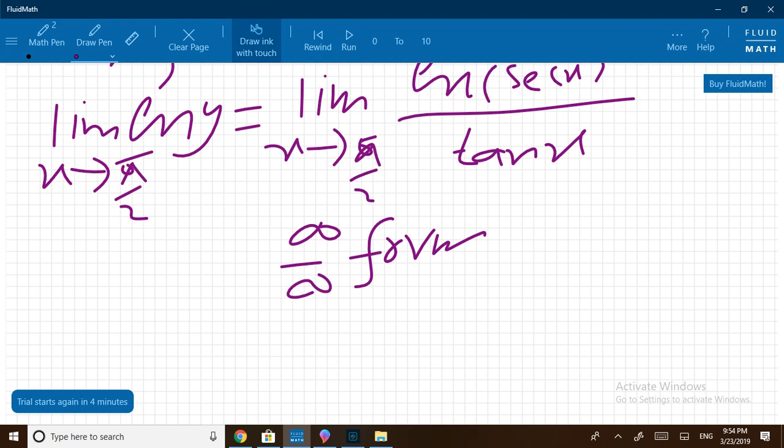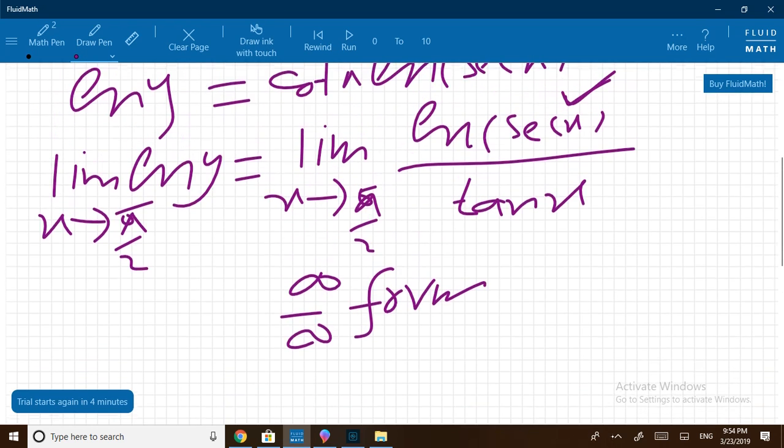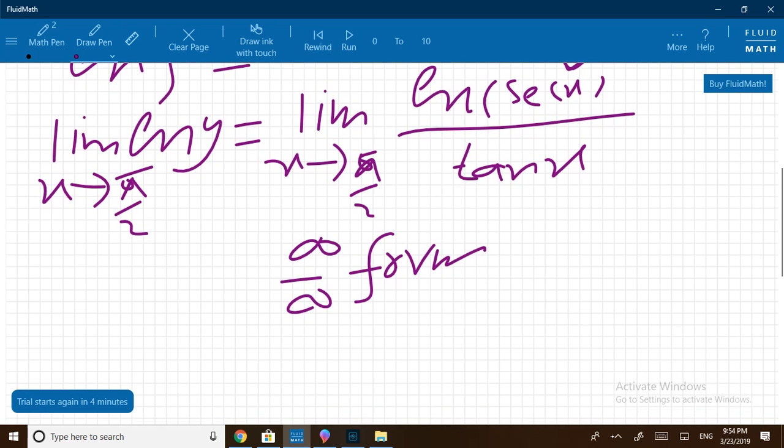Since this is infinity divided by infinity form, to remove this form we will apply the L'Hopital rule. So what is the derivative of natural log of secant x?